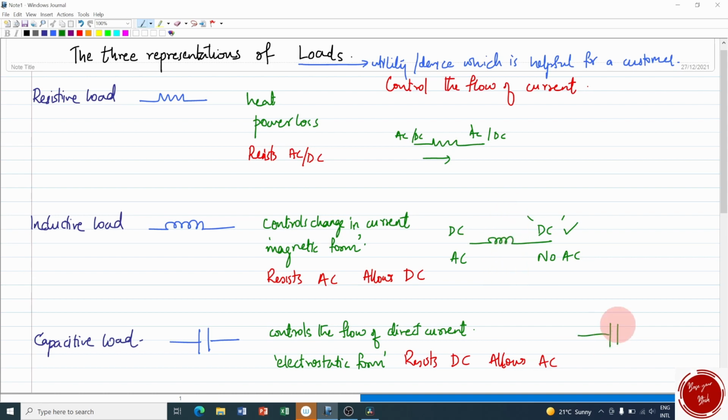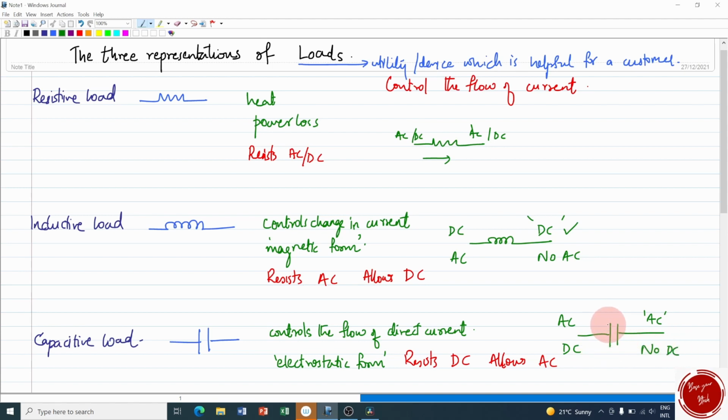In the case of a capacitor, if an AC current is passed through, the complete AC will appear after this capacitor, reducing its resistive component. But when a DC current is passed through, all the DC will be blocked by this capacitor.